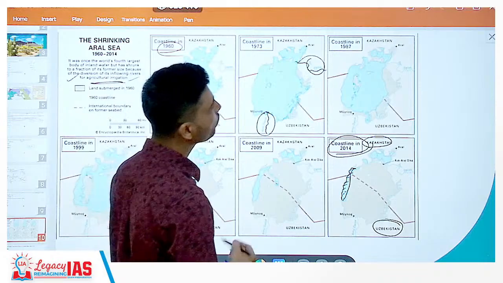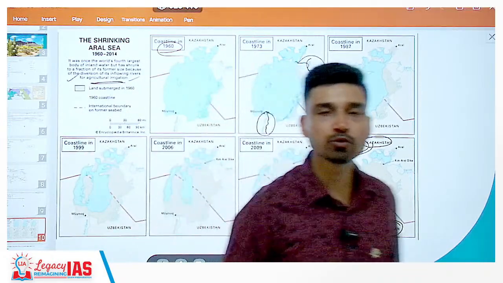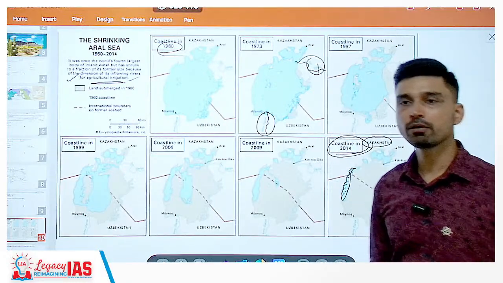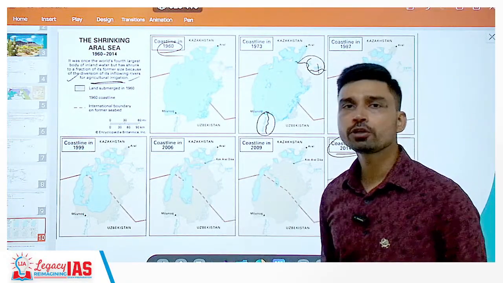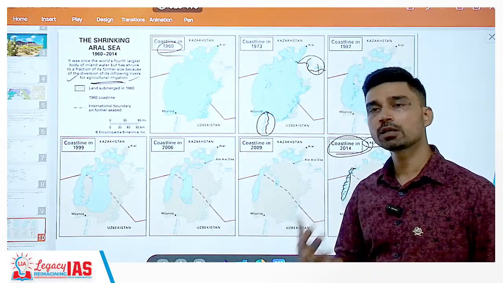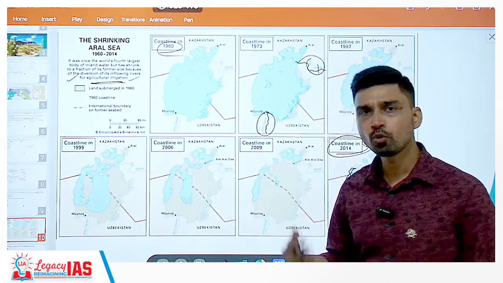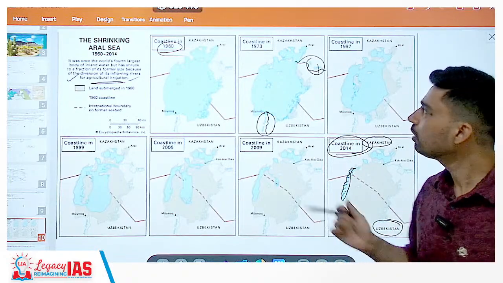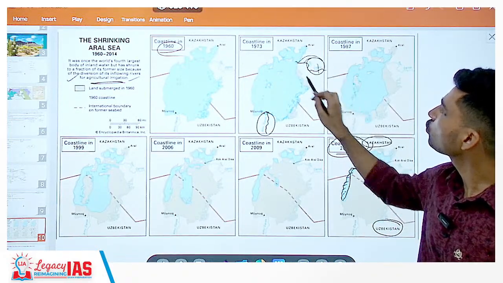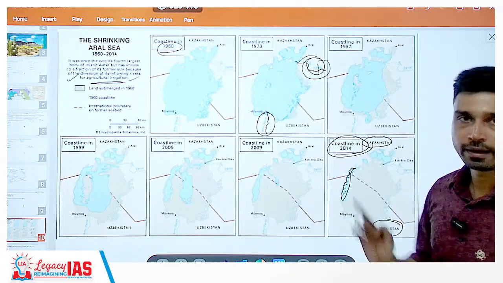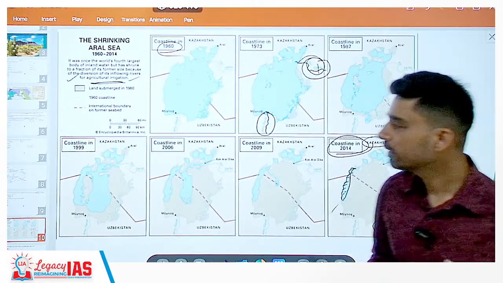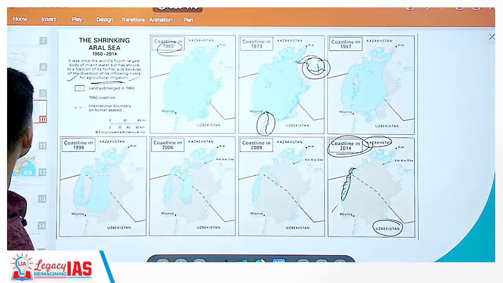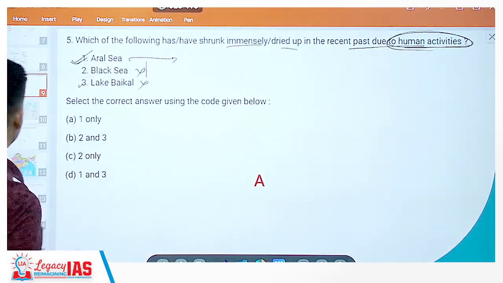But gradually, during the Soviet Union time, due to the policies of Joseph Stalin, the river water was diverted for the cultivation of cotton. As cotton cultivation grew, more and more water was diverted by constructing dams and barrages, and that is why the source of the Aral Sea dried up, and the sea itself has dried up. So this is how we can understand the shrinking Aral Sea. So the correct option is A.